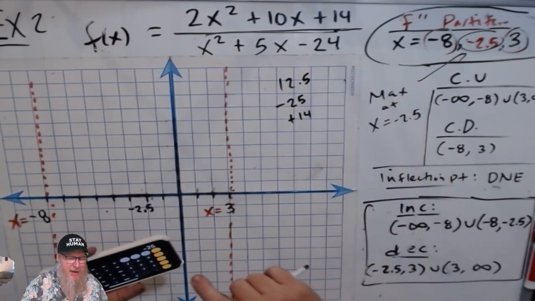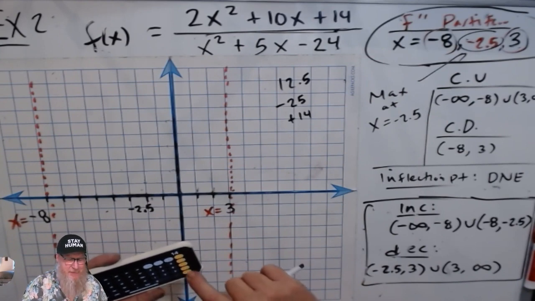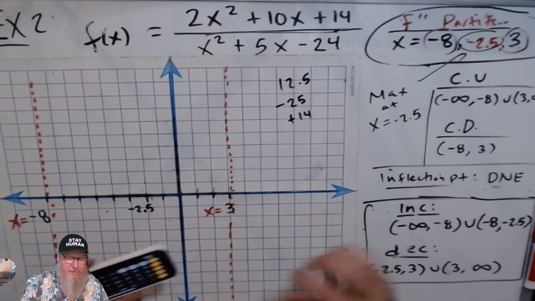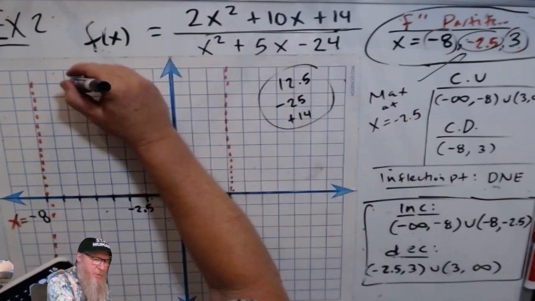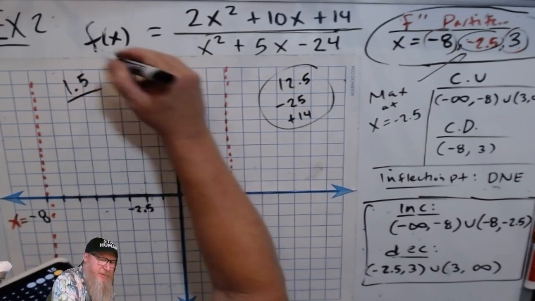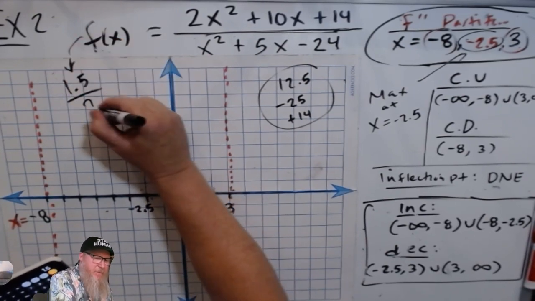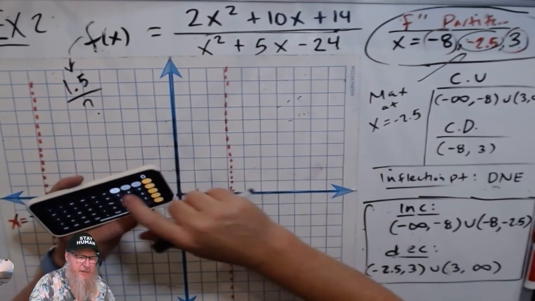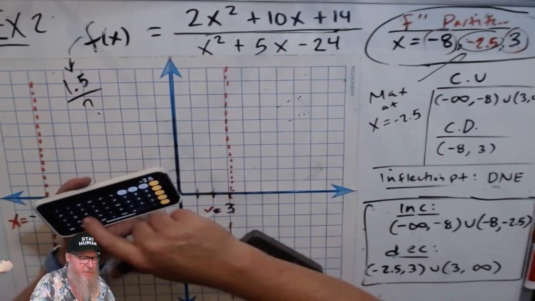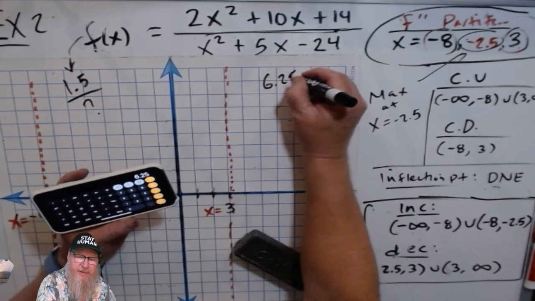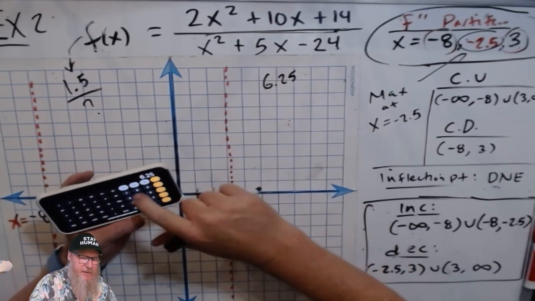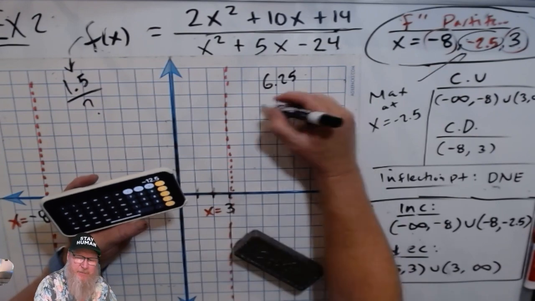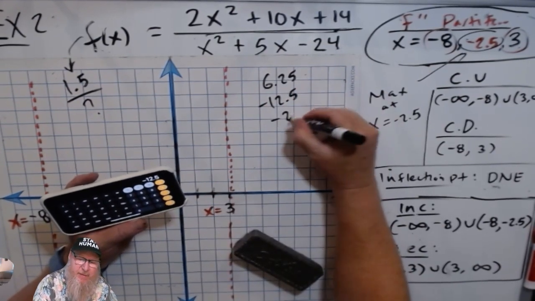All right, so that's the top. So all of this comes out to 1.5. Over, I got to do the bottom now. Let's see, negative 2.5 squared is 6.25 again. 5 times negative 2.5 is negative 12.5, and then minus 24.